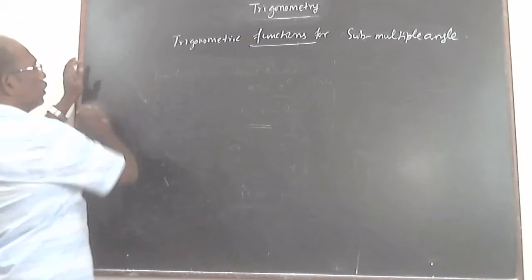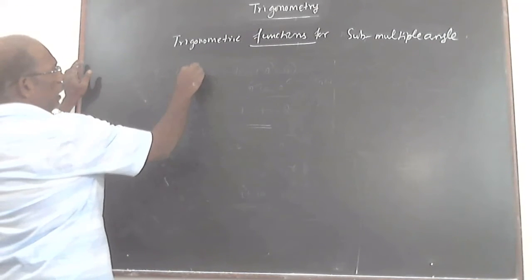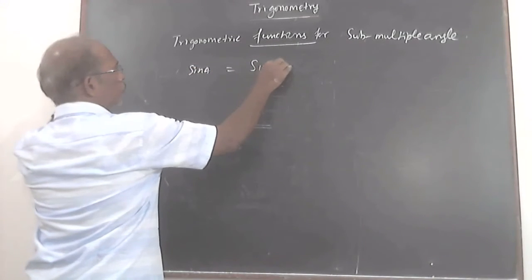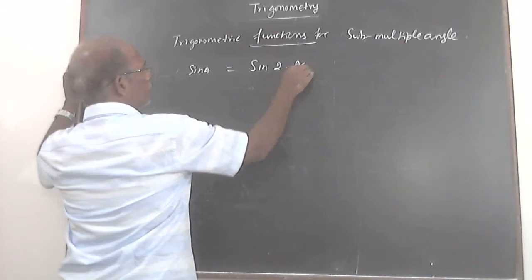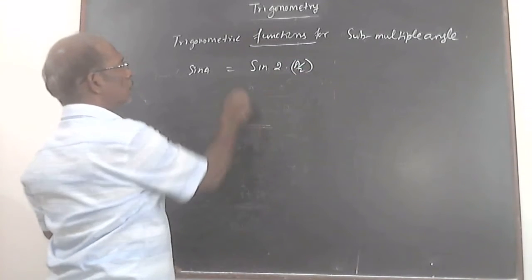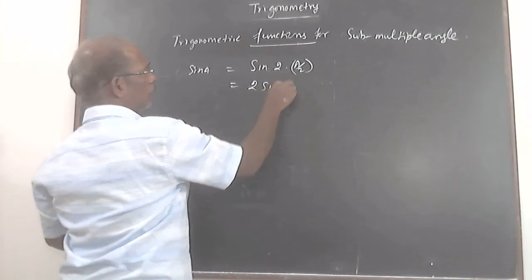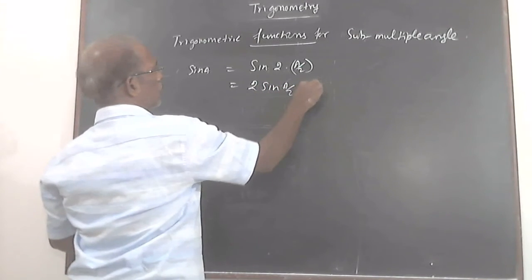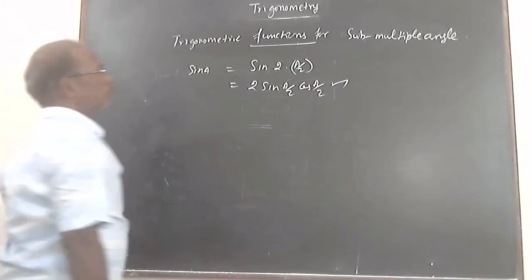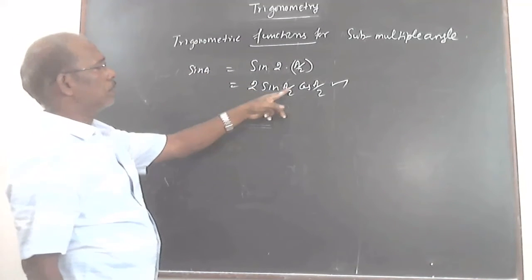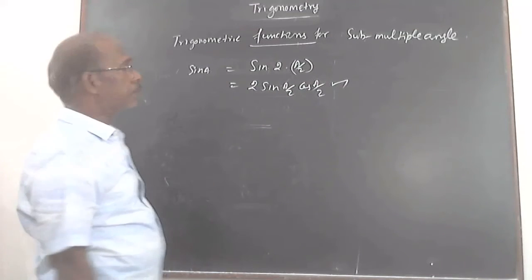Sine A can be written as sine of 2 times A by 2. Then sine 2 theta is 2 sine theta cos theta, that is, 2 sine A by 2 and cos A by 2. Remember, this is a sub multiple angle. Sine A is 2 sine A by 2 into cos A by 2.